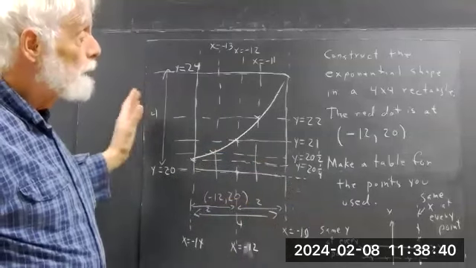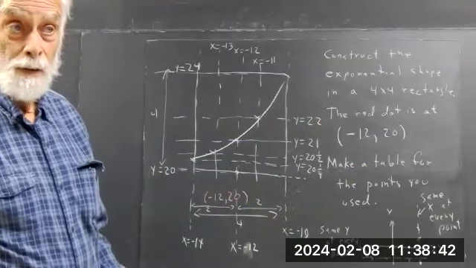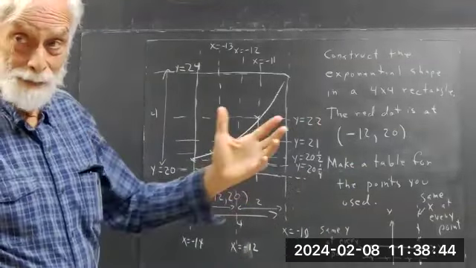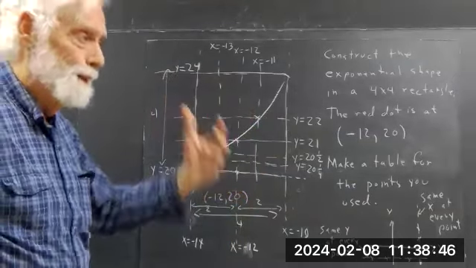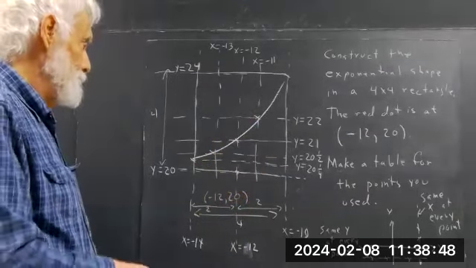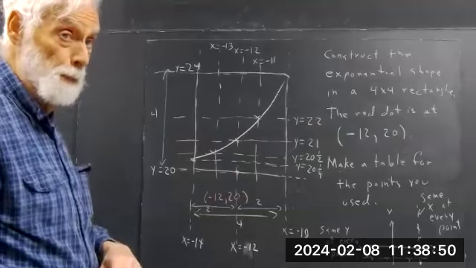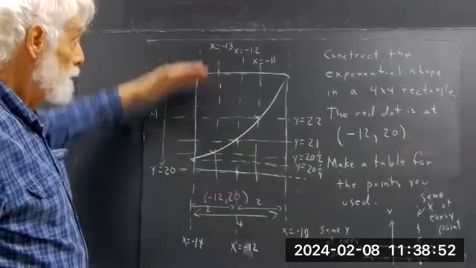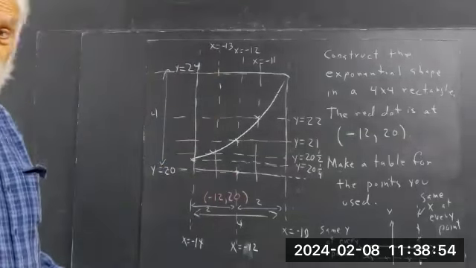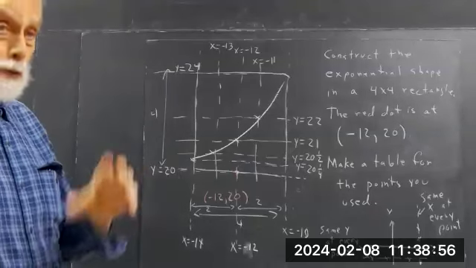Now, we've been labeling these things for well over a week. And I didn't realize until today that people would have so much trouble understanding these numbers and these coordinates. So you've got to get over that.